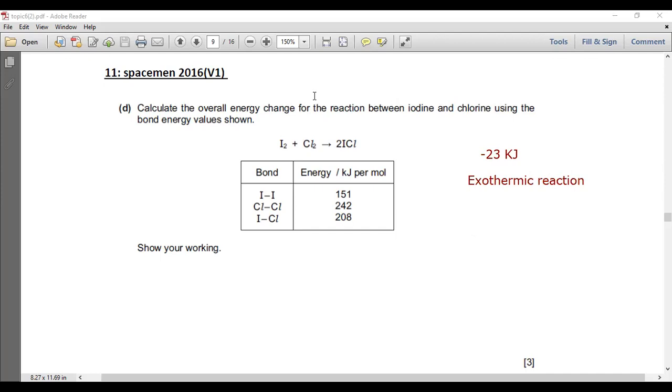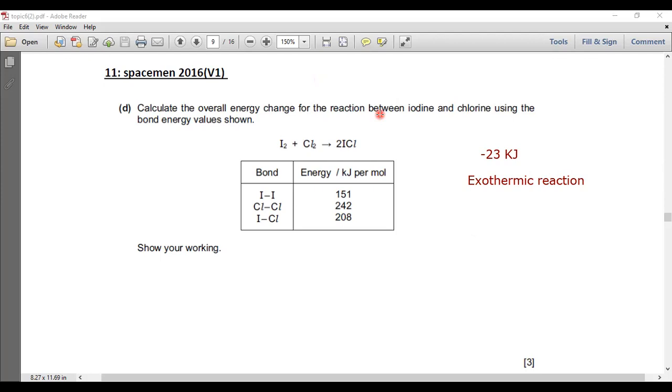Ahmed, do you have a question? Can I write the word reactants instead of the actual reactants in the energy level diagram?